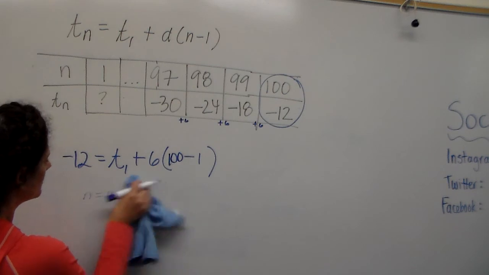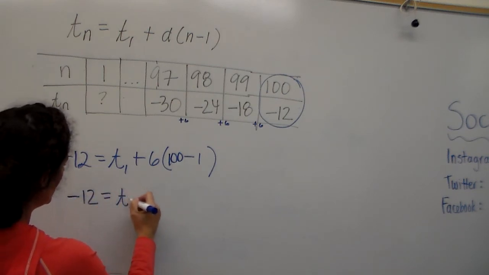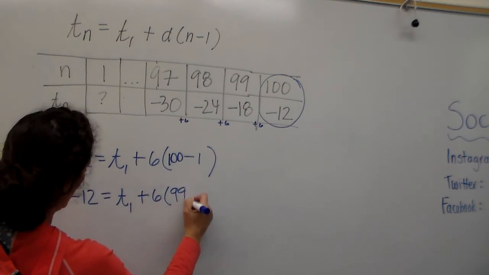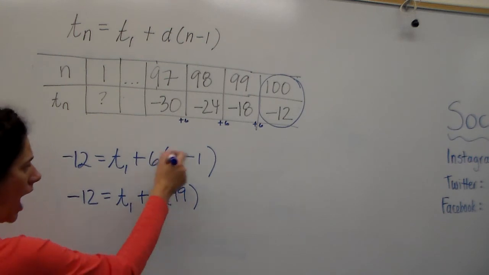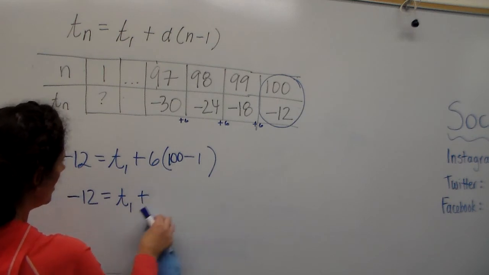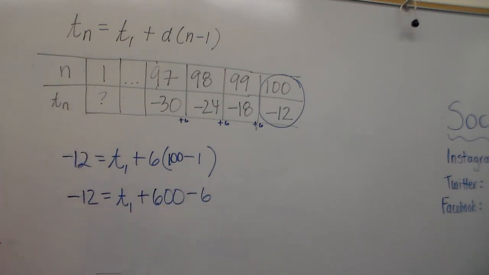So let's try it. We've got negative 12 equals t sub 1 plus 6 times 99. Because I don't know 6 times 99 off the top of my head, I'm actually going to use the distributive process. I'm going to say that this is 600 minus 6, and I can do that in my head.